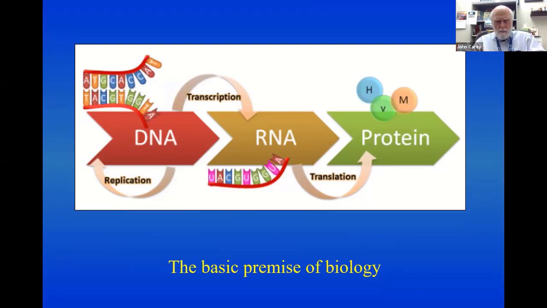This is the same, and that is that DNA, deoxyribonucleic acid, replicates and is then transcribed, which includes a process of trimming it down into ribonucleic acid, which then forms the blueprint to be translated into all of the proteins in our body.